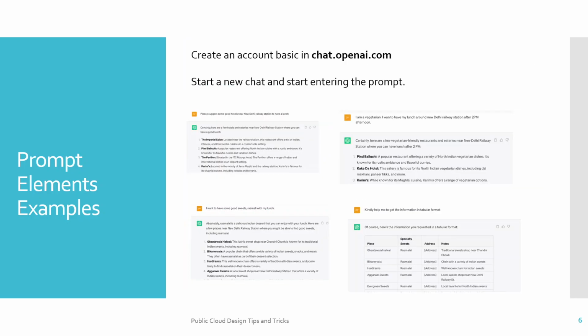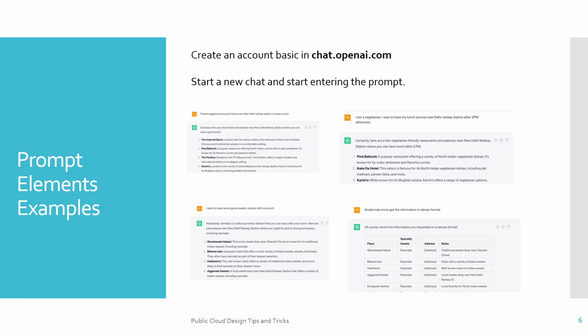Now, just to validate that, you can also try a different way here. I have used OpenAI, chat.openai.com. I have taken the basic subscription, and then I'm starting the same thing using prompt engineering. If you see here, the first instruction that I'm giving to ChatGPT is: please suggest some good hotels near the railway station.